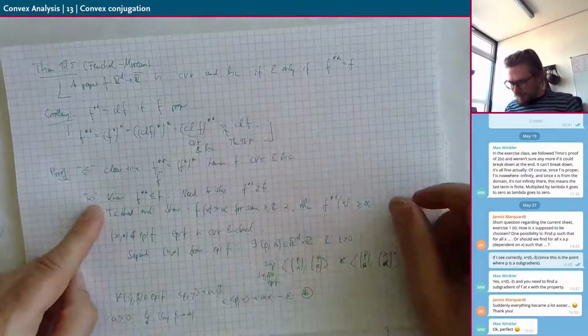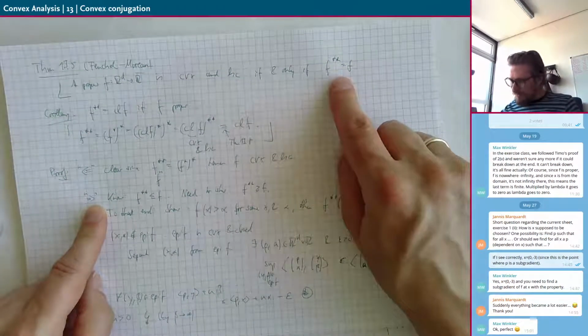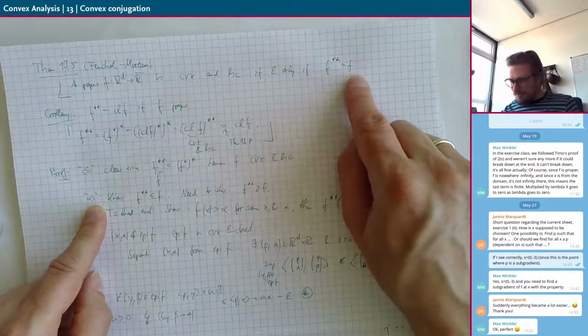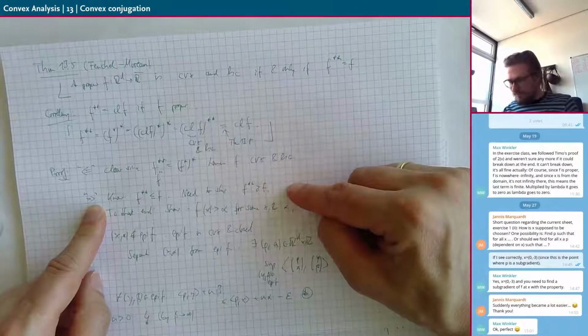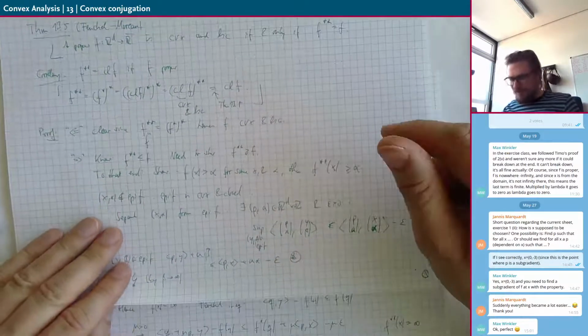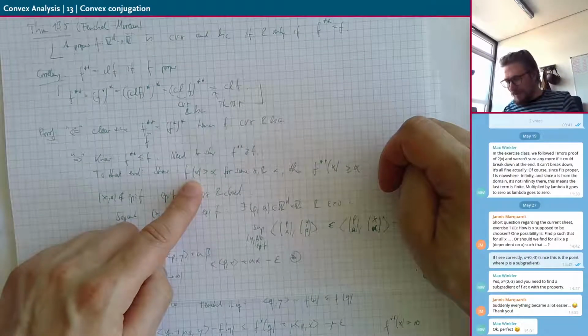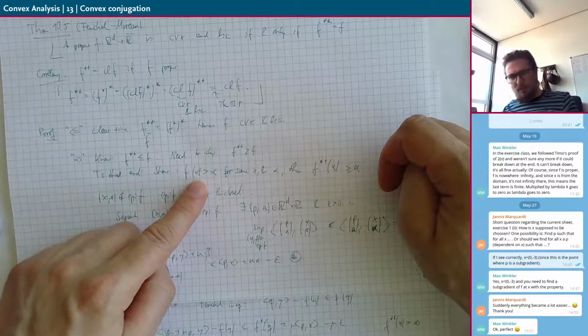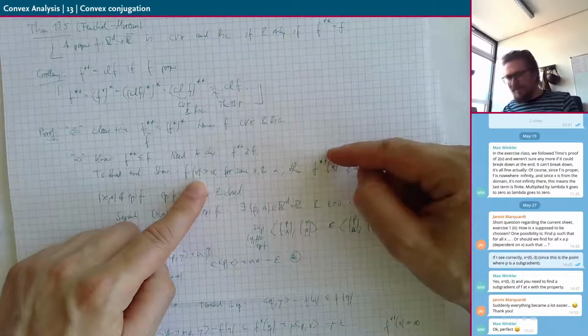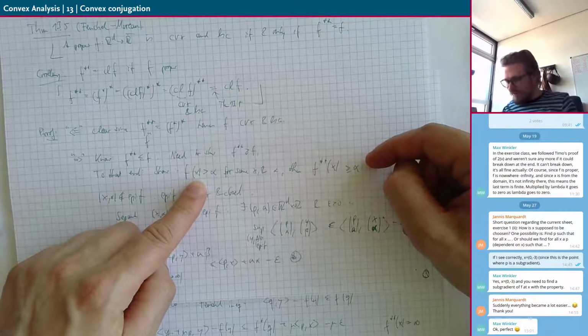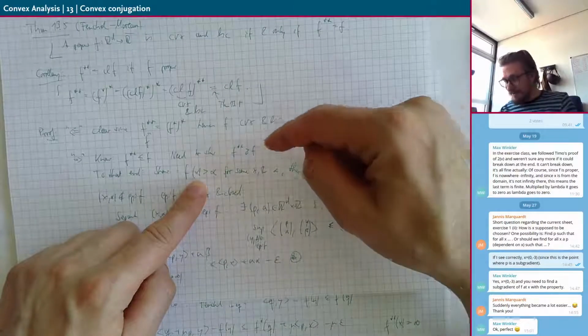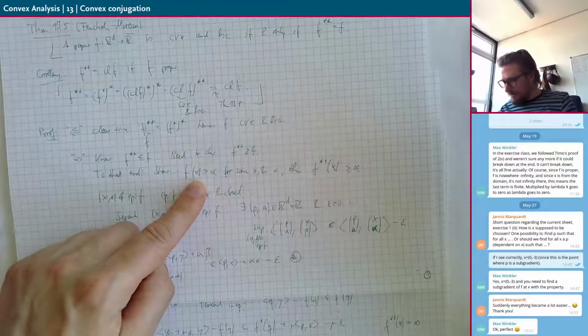So we already know that the left-hand side here is smaller than the right-hand side, so we only need to show the other inequality. For the other inequality, we show some replacement, saying that if f is larger than some alpha, then the biconjugate is larger than the same alpha, which then says that this has to be at least as large as the right-hand side here.